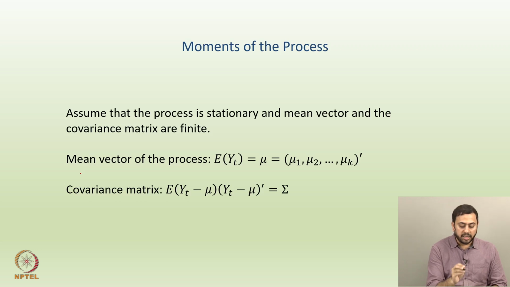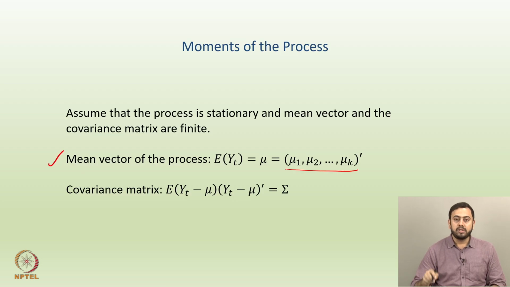So, these are just the notation. The mean vector of the process could be denoted by expectation of yt, which is nothing but mu, which is nothing but the collection of individual means: mu1, mu2, mu3, mu4 up to mu k. Just to summarize, what are each of these individual values? For example, what is mu1?